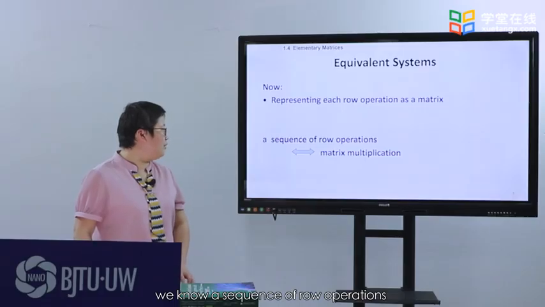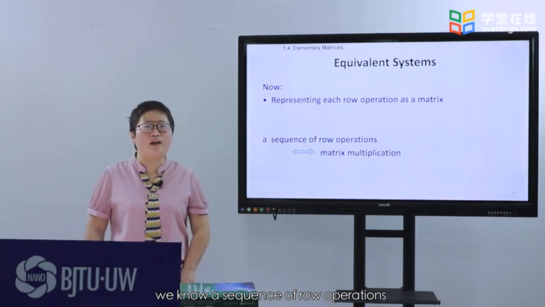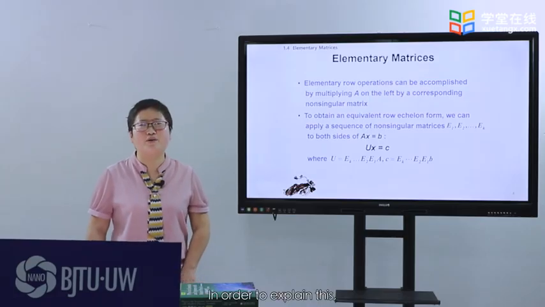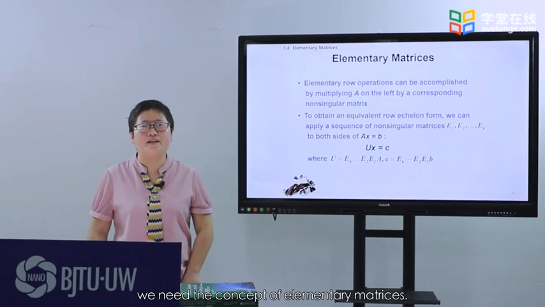And a sequence of row operations is equivalent to matrix multiplication. So after this lecture, you will know that a sequence of row operations is equivalent to a sequence of matrix multiplications. In order to explain this, we need the concept of elementary matrices.